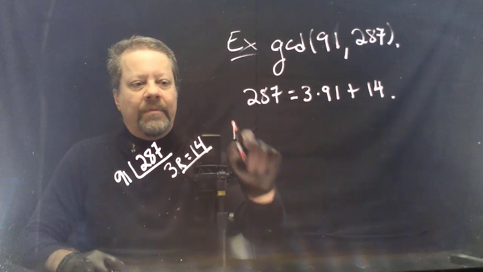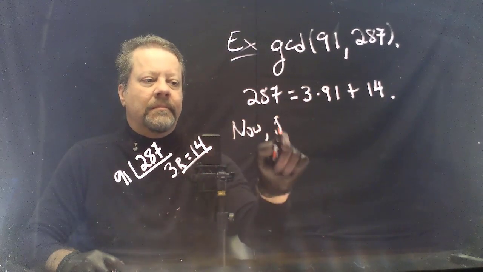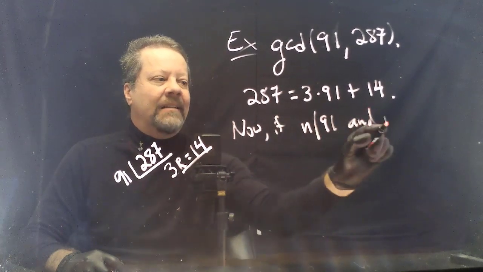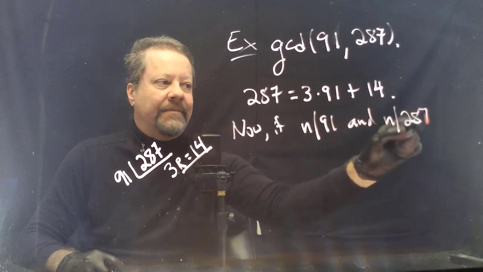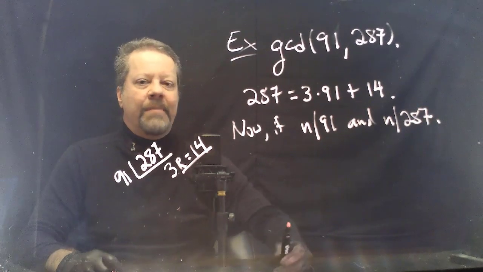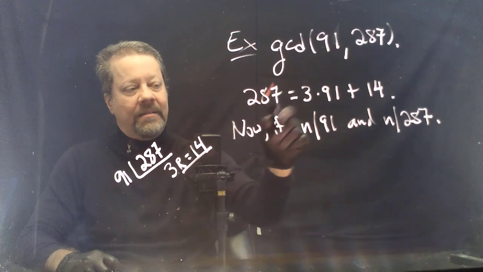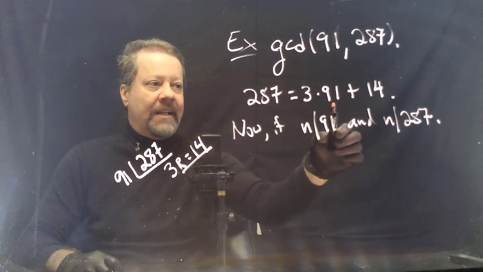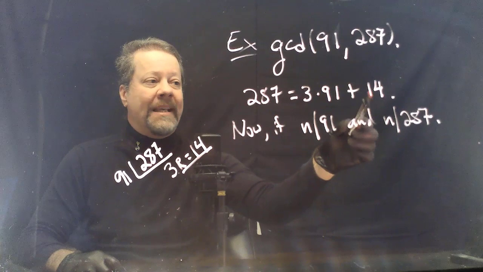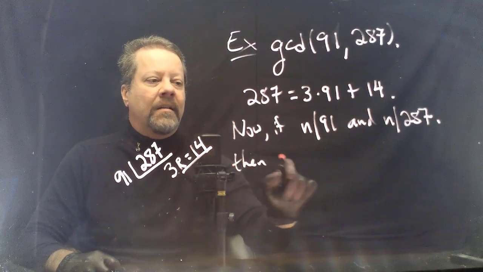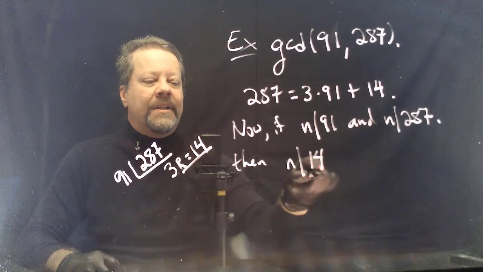Now, if n divides 91 and n divides 287, if it goes into both, then it has to go into 14.